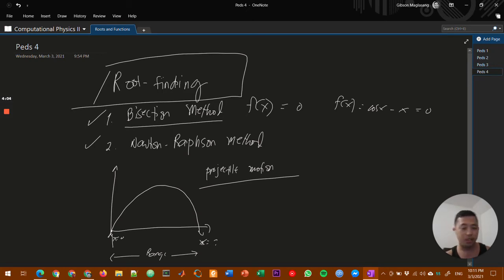So your throw would make a projectile path, right? But if there is air drag, then it's a different story. Your equation changes, so it would look like this. You can still calculate the root, which is the x value, given that there is air drag. So that's just one application of how important it is to know root finding methods, okay?